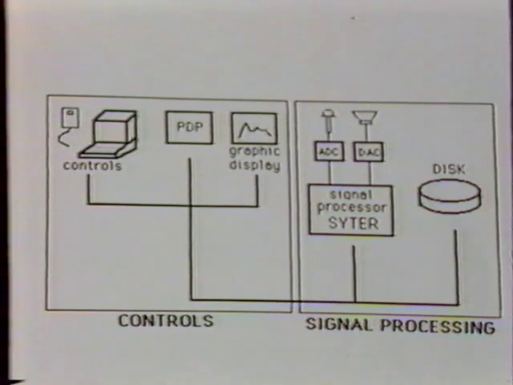The control part includes a PDP host processor, a graphic display, and a keyboard. The components are connected by a bus, which allows the host processor to send in real time information to CTER. In our case, this information includes sampled values of the analyzing wavelet.